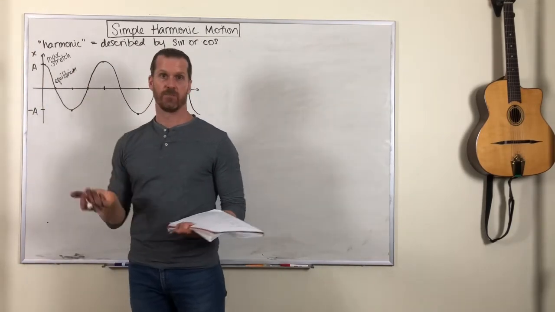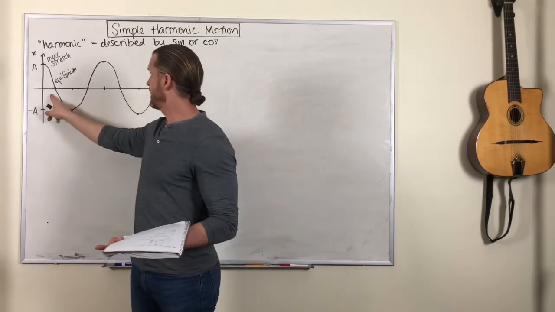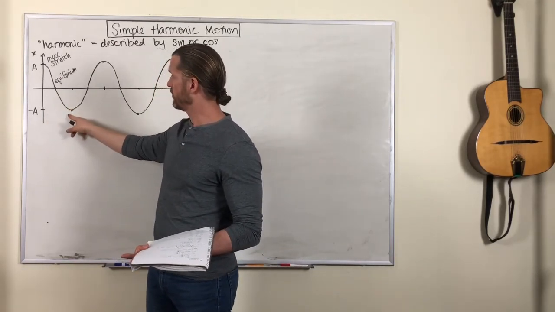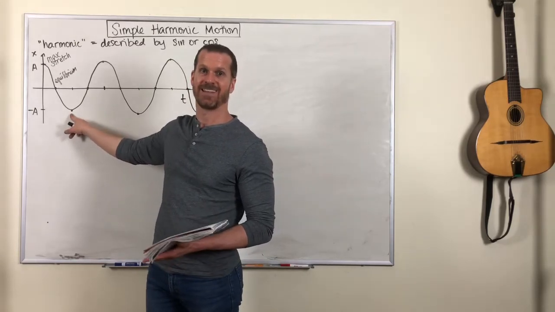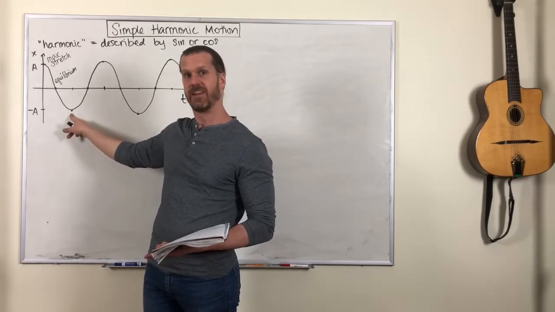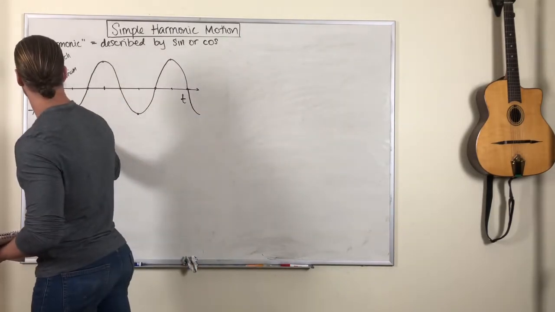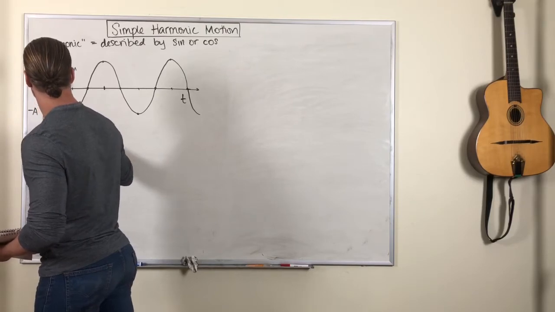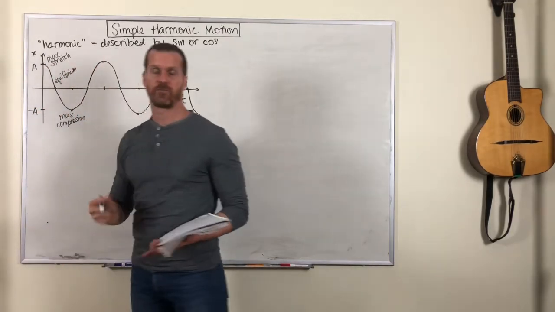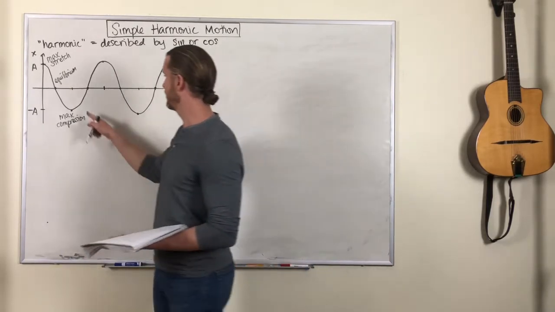But then, because that mass has some inertia, it keeps going and it overshoots that equilibrium position, compresses the spring, and reaches that amplitude in the negative direction, to the left. So this is the maximum compression. The spring pushes the mass away because it's compressed.